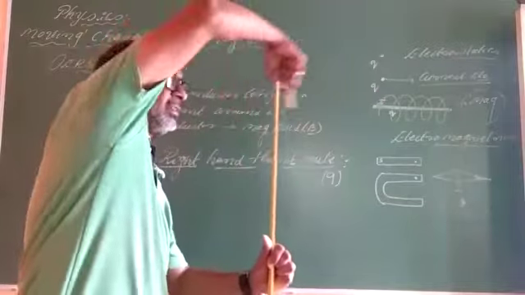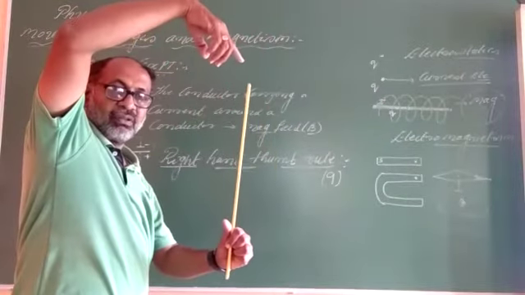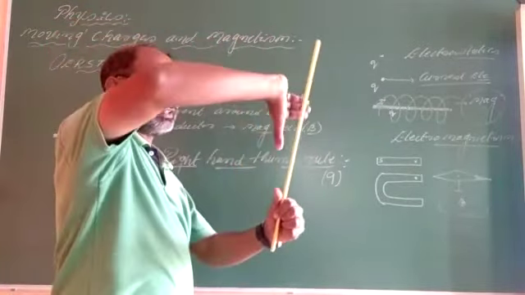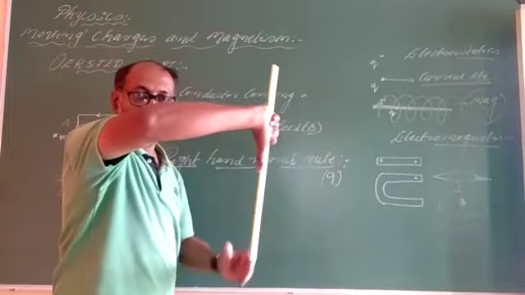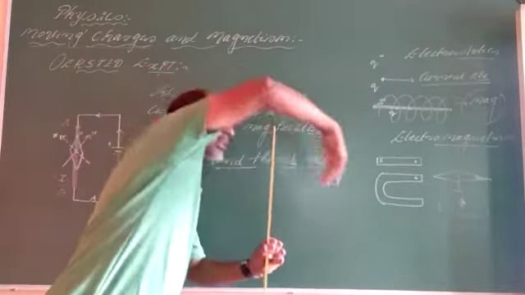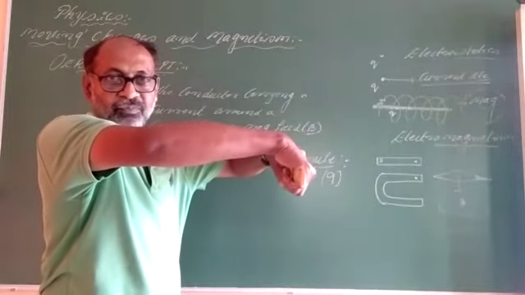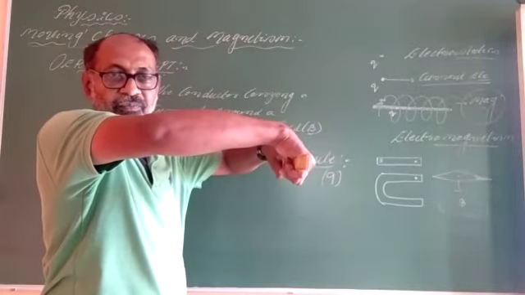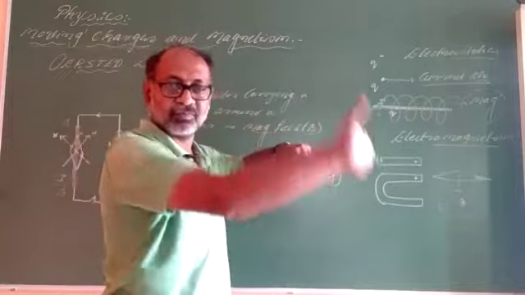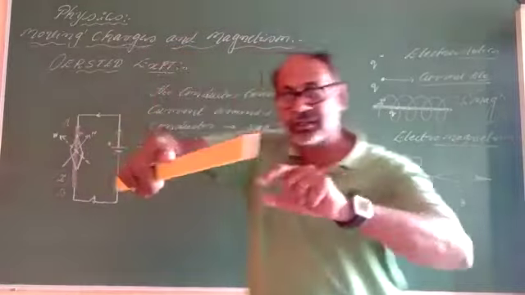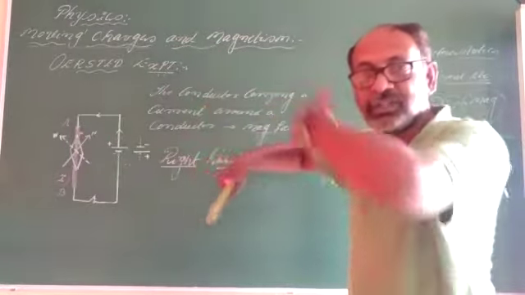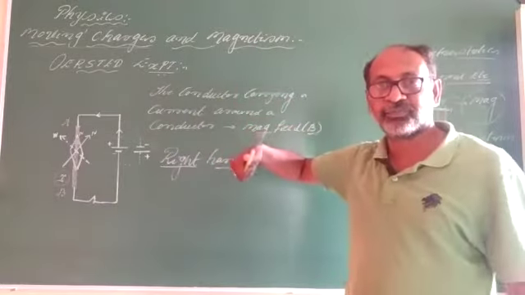I am holding in the opposite direction like this. The current is moving downwards. Then the magnetic field is in this way. This is clockwise, and if you say in this manner, this is called anti-clockwise direction.